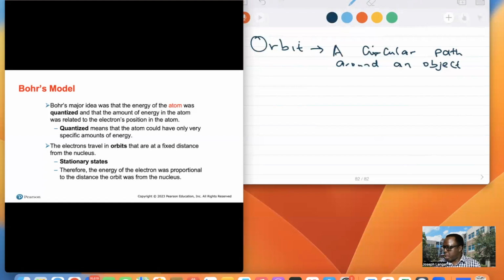Down the line, I want you to draw the parallel between orbit and orbital. We will talk about orbitals later on.